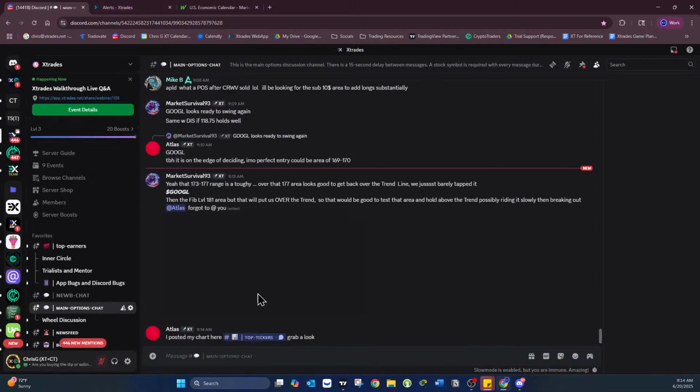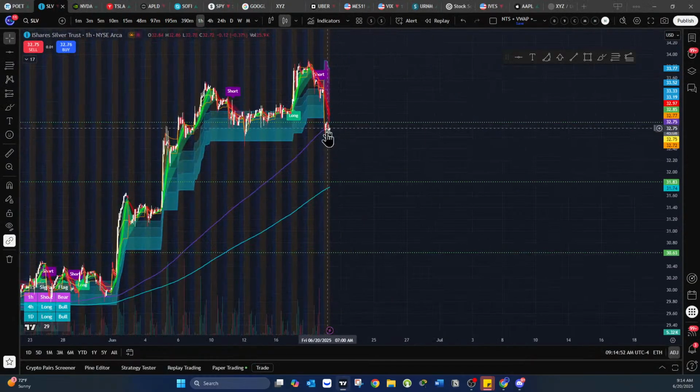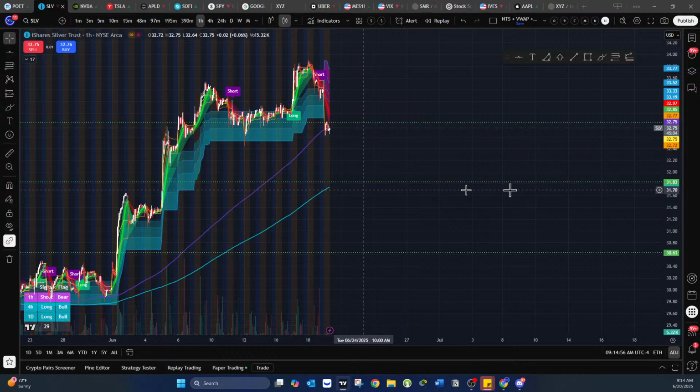If you're trading shares, SLV looks like a pretty easy long on this pullback with a stop below 31, or even 30. This is the 333 SMA on the 1 hour, which you can use as a point of support.